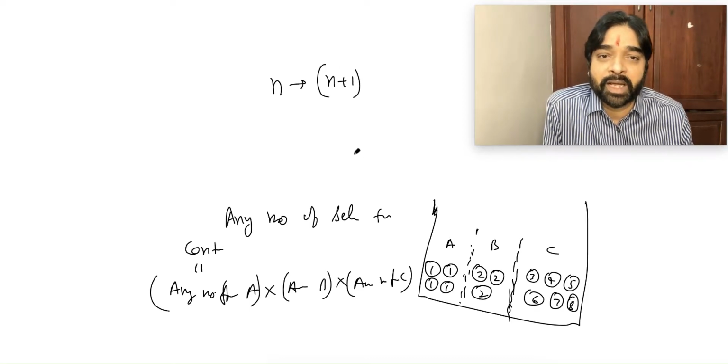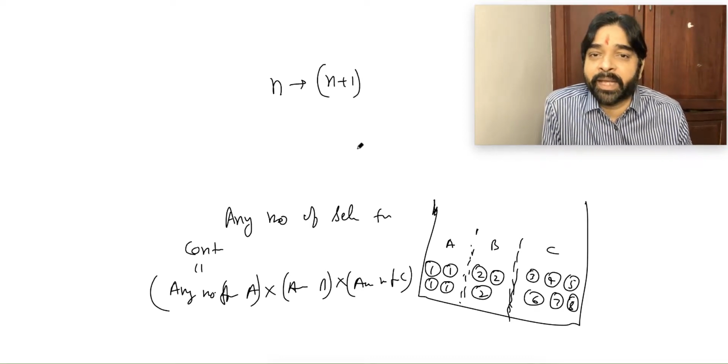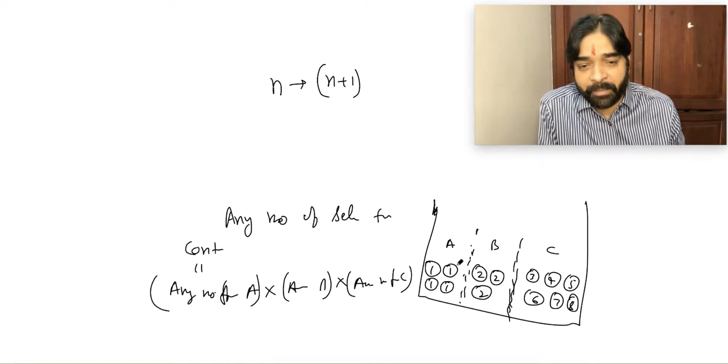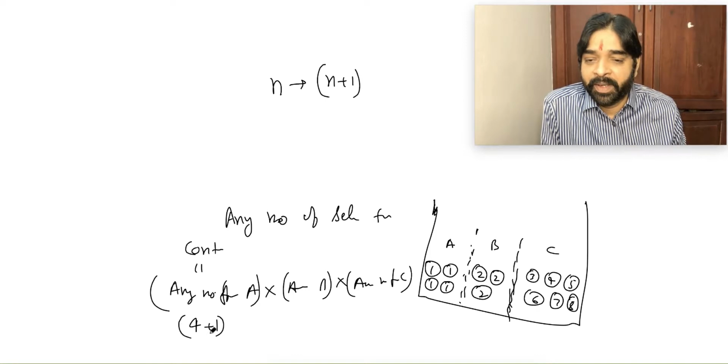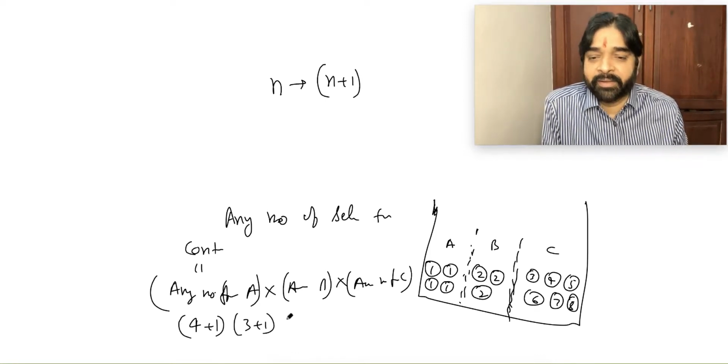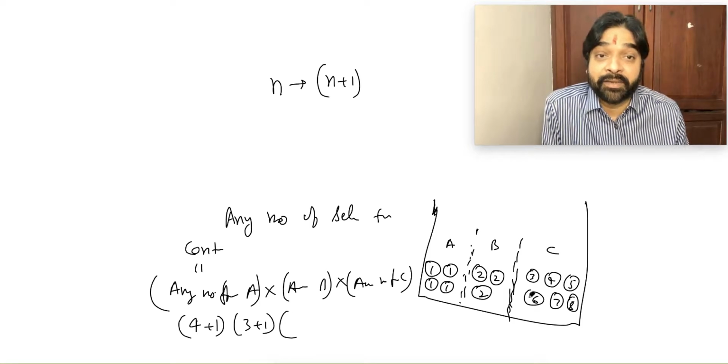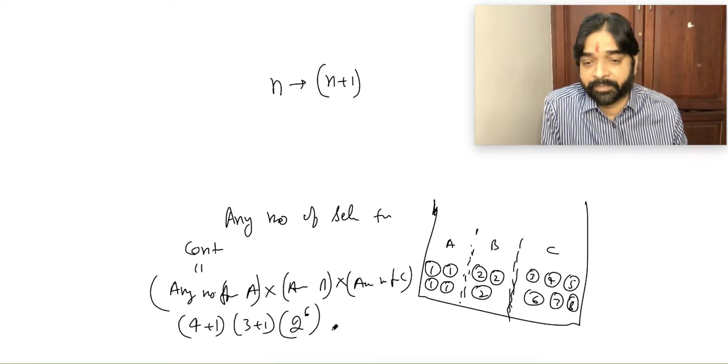Remember, I told you last class that will be n plus 1. So any number of selections from the A container will be what? 4 plus 1. And here 3 plus 1. And here these are different. For different, any number, what I told you, 2 power n, and n is what here? 6.